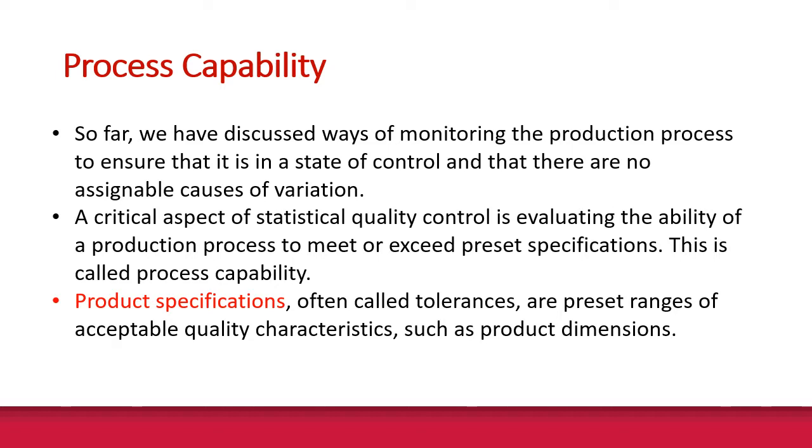If we're producing soft drink, there's a certain tolerance on the can dimensions and the liquid that goes inside the can. All of those have to fall within a tolerance level.